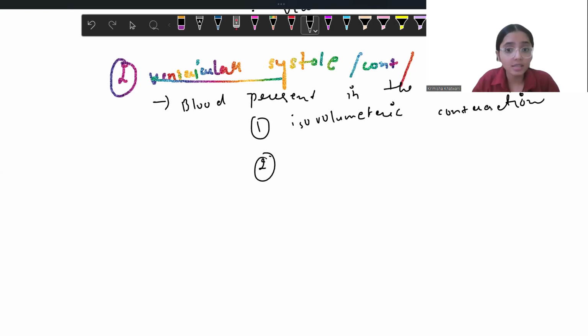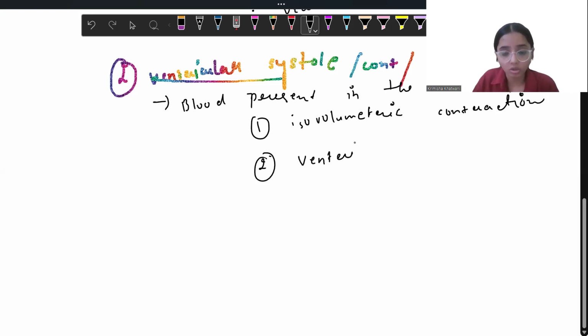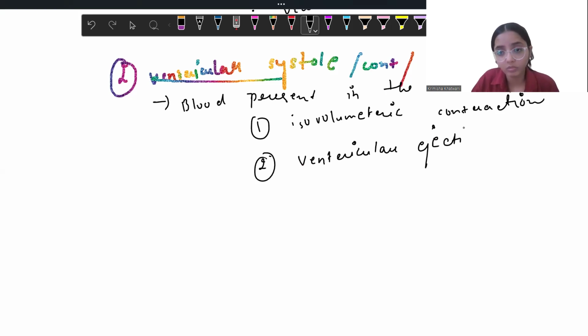The first phase is isovolumetric contraction and the second phase is ventricular ejection.